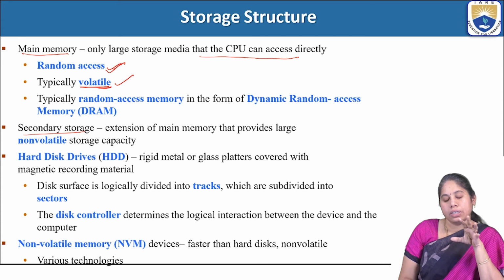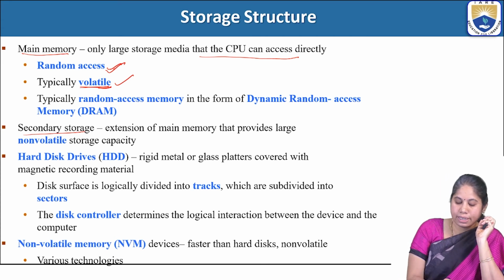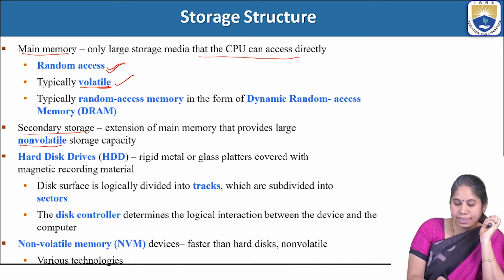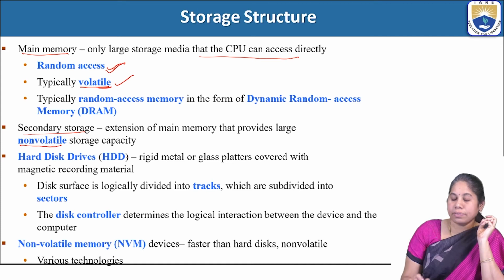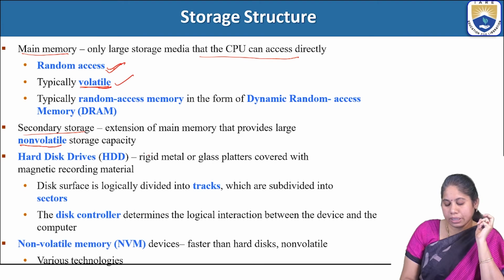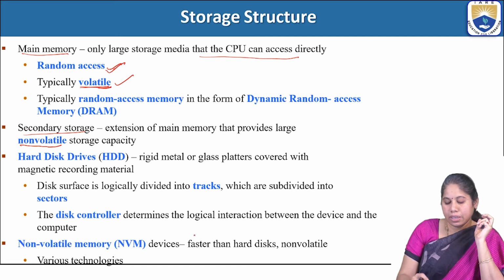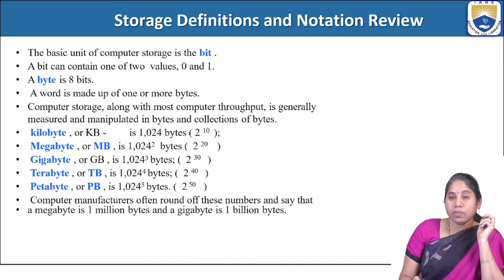That is non-volatile, so to keep it you have to store it in secondary storage such as hard disk drives. You may also have heard of HDDs and non-volatile memory, NVM devices. These are different.